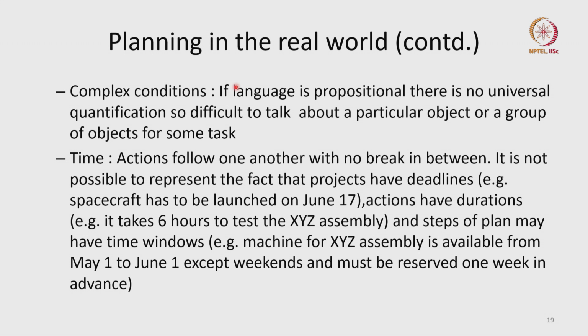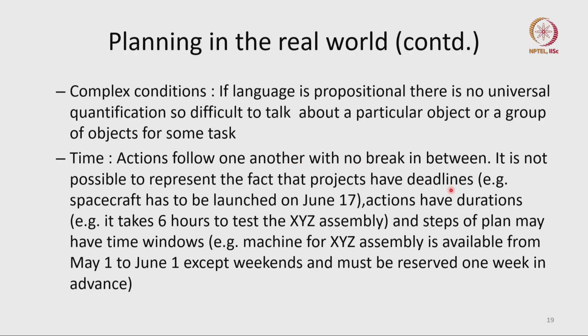But in whatever planning programs we have seen till now, there's been no such thing as a time constraint. We just have a number of actions which will be carried out, and you get the final solution. But it could have deadlines.